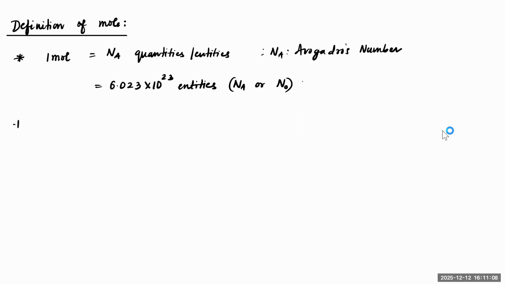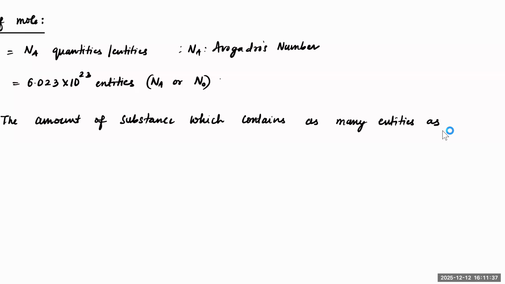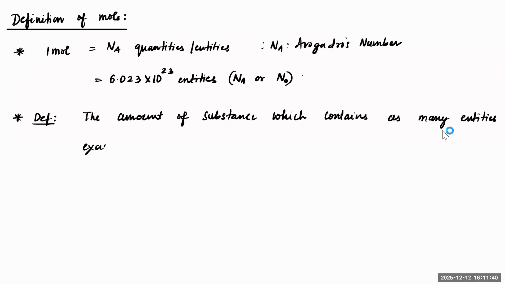Okay. As a definition, if you notice, it is defined as the amount of substance which contains as many entities as exactly the atoms present in 12 grams of carbon 12 isotope.